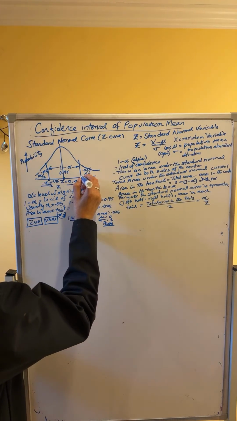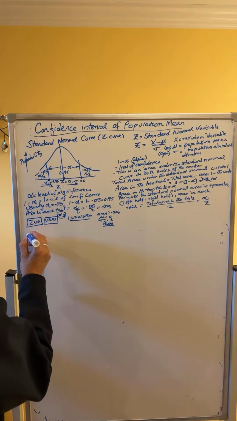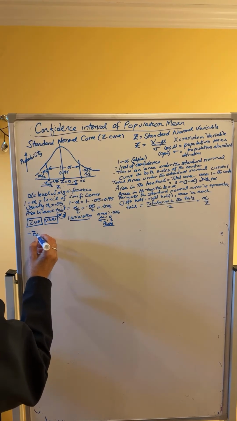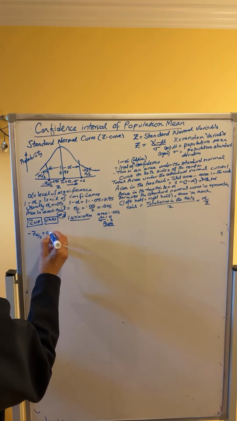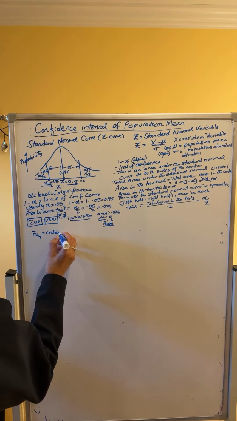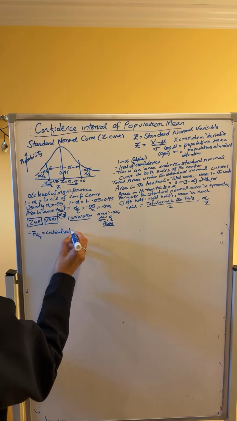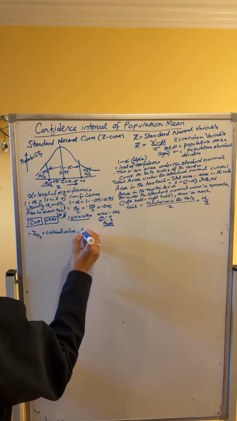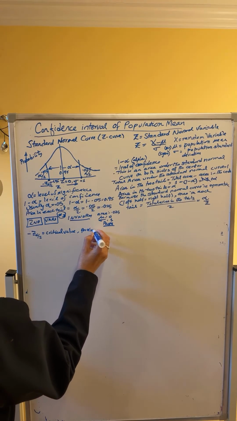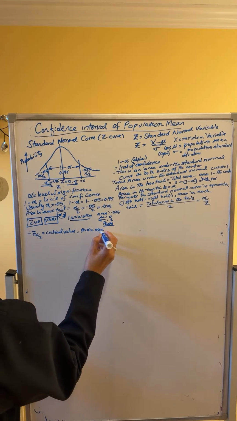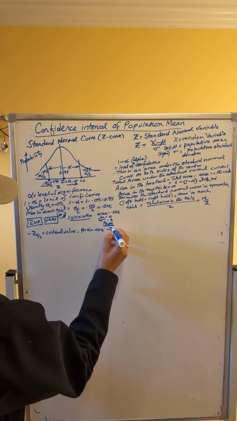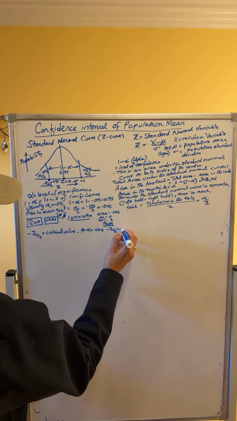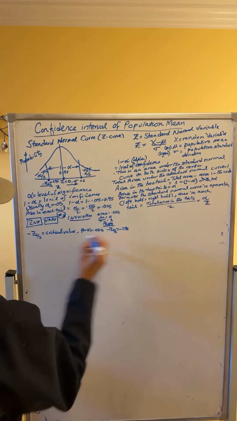This minus z alpha by 2 is called the critical value. And it works out that for alpha equal to 0.025, minus z alpha by 2 is minus 1.96.